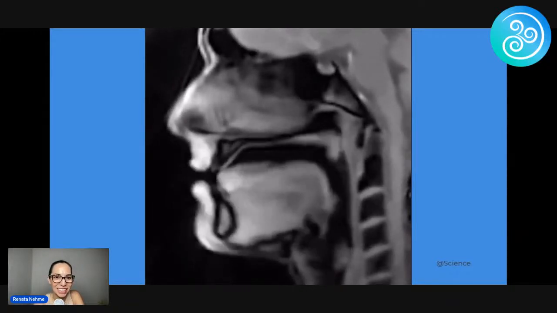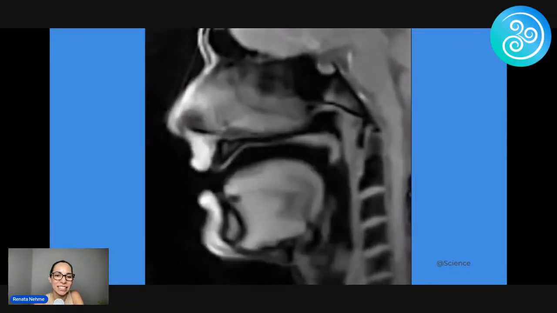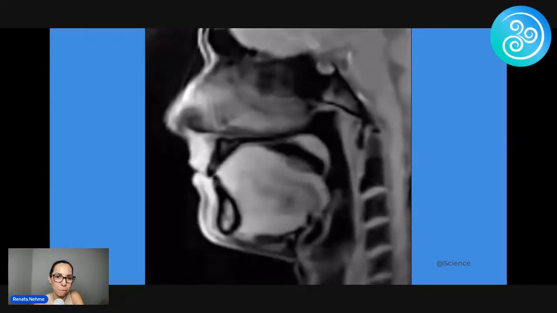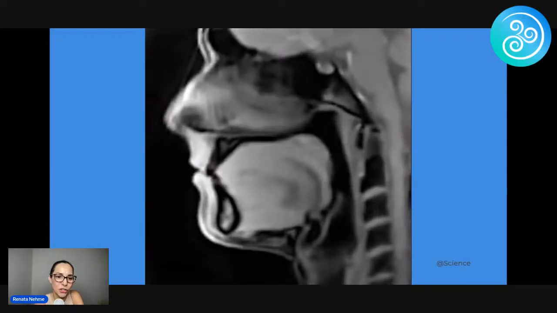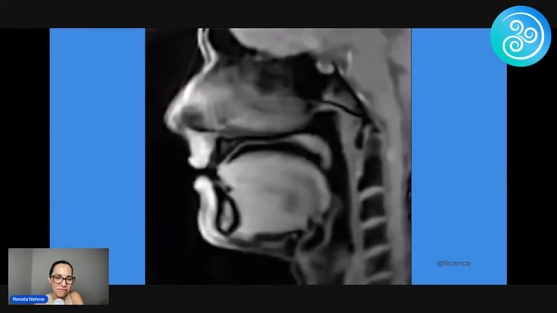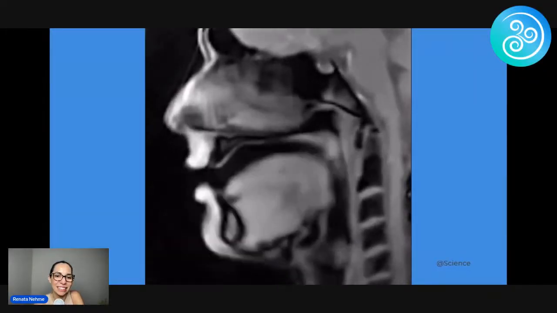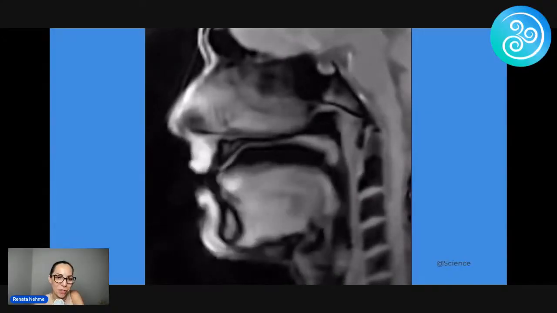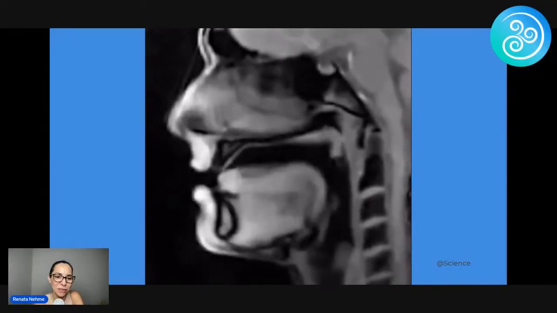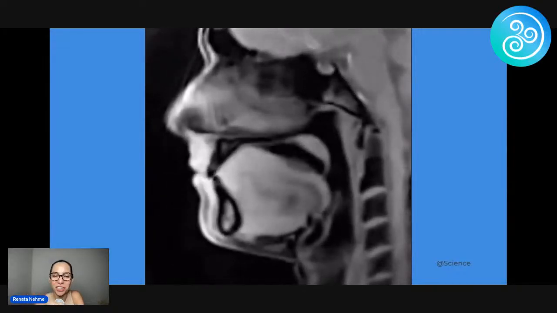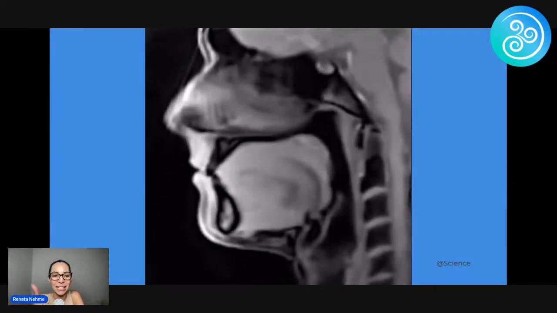Isn't that insane? Now, can you imagine if the oral cavity here was smaller? Would the tongue be able to do all of those beautiful movements with a smaller cavity? No, right? Now, let's say that tongue is way restricted to the floor of the mouth. Would that tongue be able to move as much as it's moving right now? So we just learned that the function is going to be impacted by the size of your mouth.